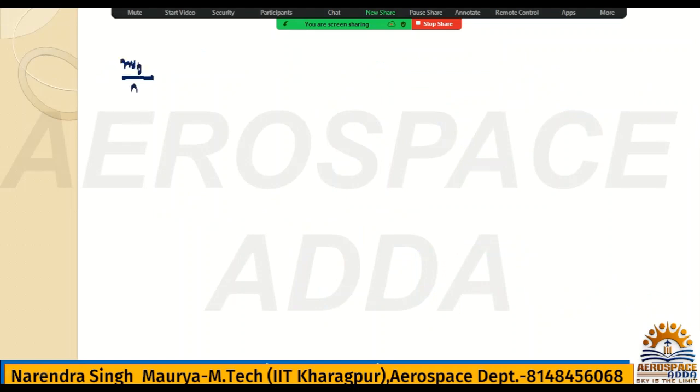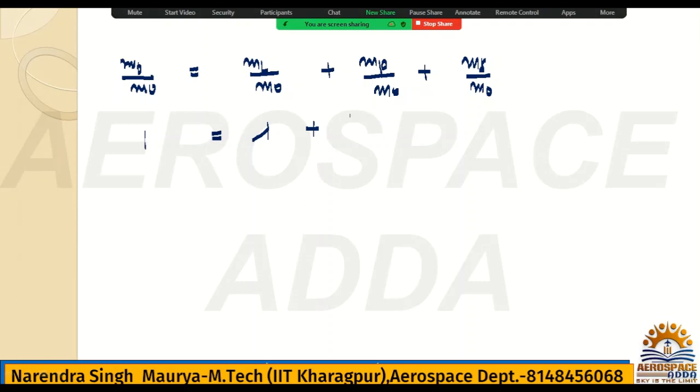So m0 by m0, ml by m0, mp by m0 plus ms by m0. m0 by m0 is 1. ml by m0 is payload fraction, denoted by lambda. Plus mp by m0, it is the propellant fraction, denoted by zeta. ms by m0 is the structural fraction denoted by delta. This is lambda, this is delta.